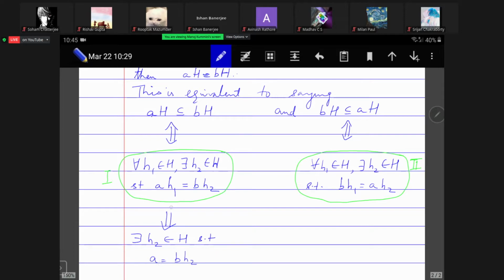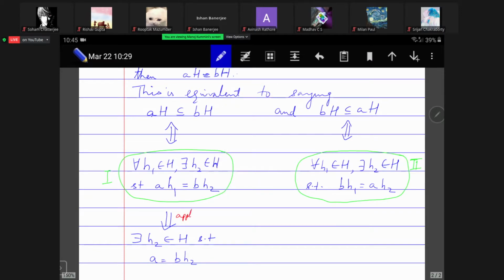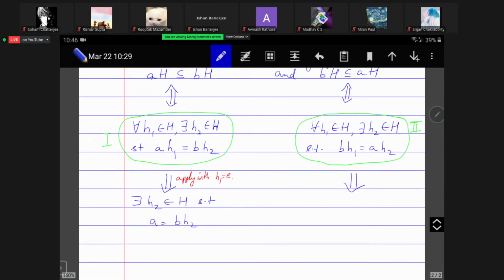I'm applying the statement with H1 equal to the identity element; there's only one identity element, since H is a subgroup of G. Similarly, a consequence of 2 is that there exists H2 inside H such that B is AH2.